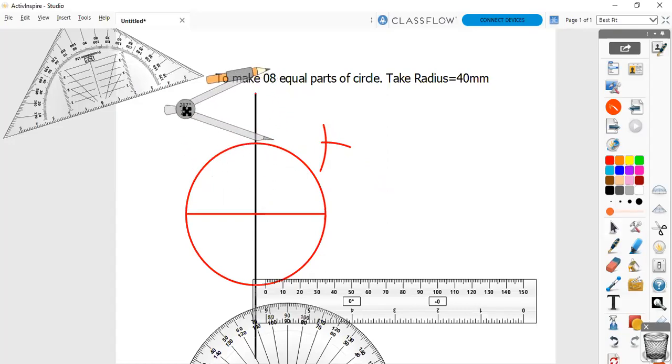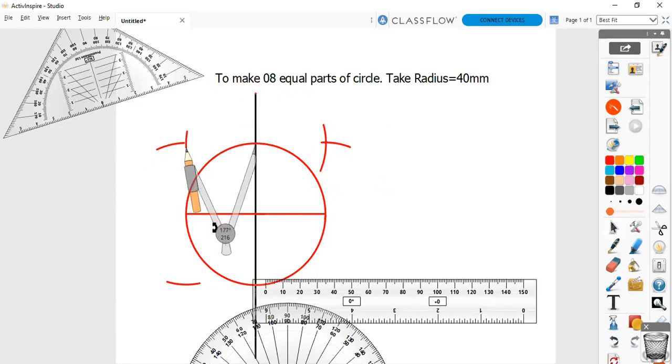Similarly, use it over here. Use it at this point, mark an arc over this side also and over this side also. Put it over here again, mark an arc.